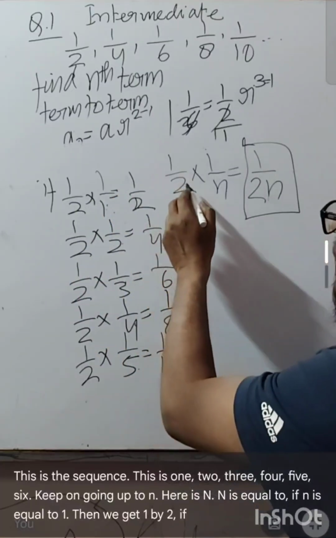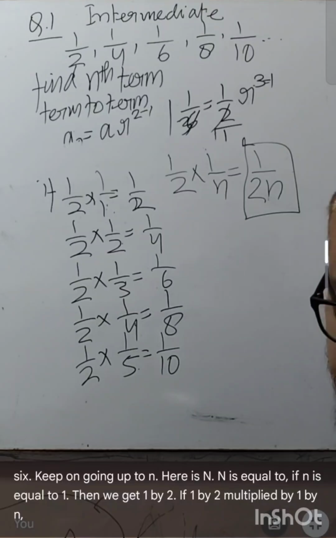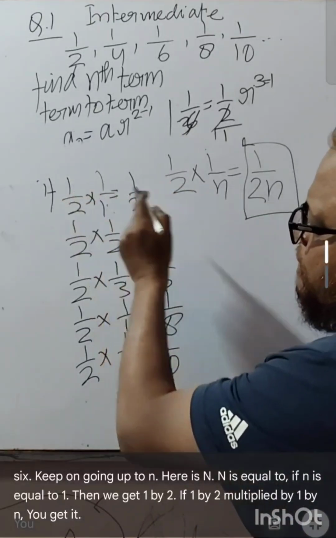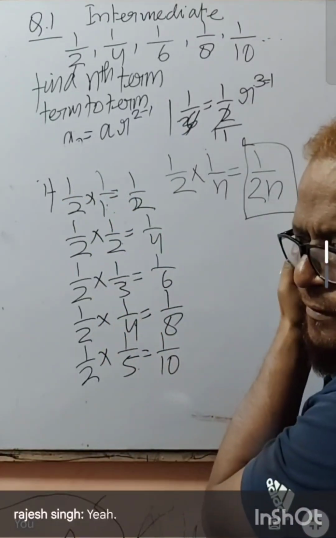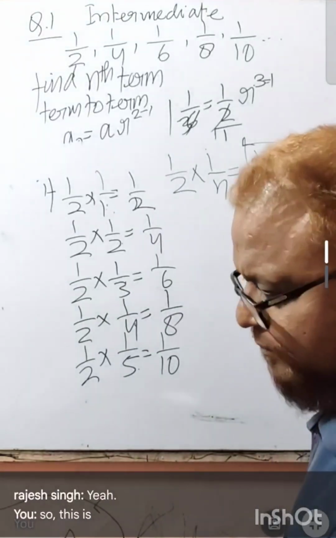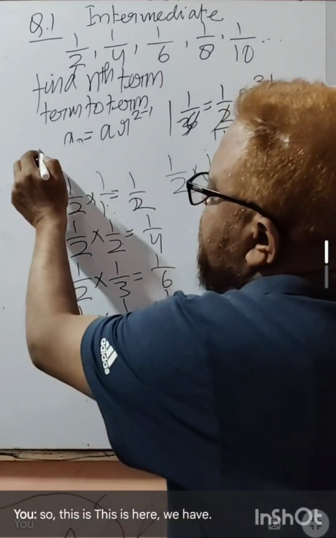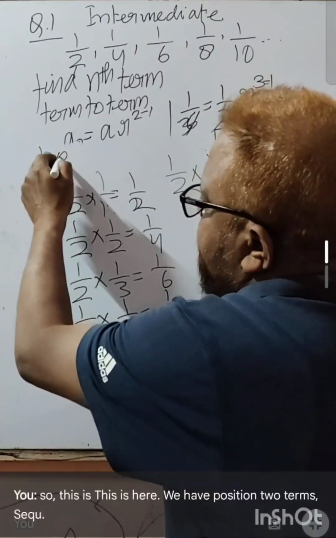If 1 by 2 multiplied by 1 by n, you get it? Yeah. So here we have a position to term sequence.